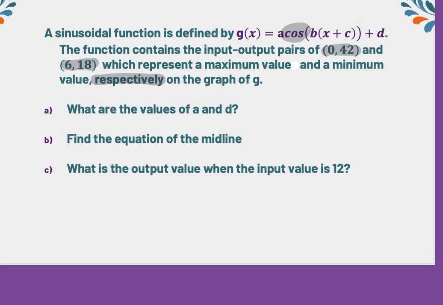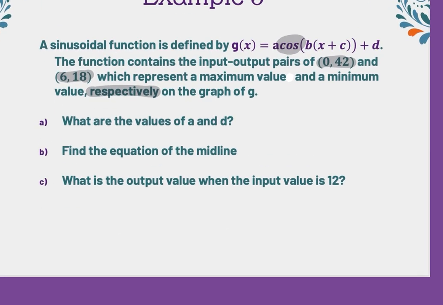So let's get a visual of what this function looks like first. So I have at (0, 42) a maximum value. So here. And then at 6, so 1, 2, 3, 4, 5, 6, 18, I have a minimum value.